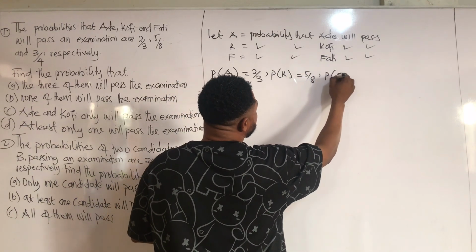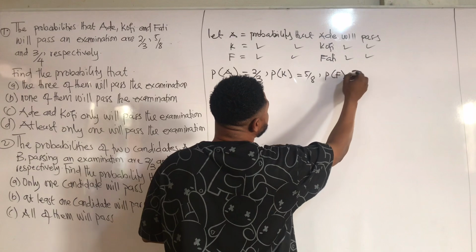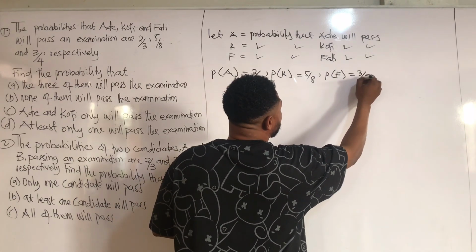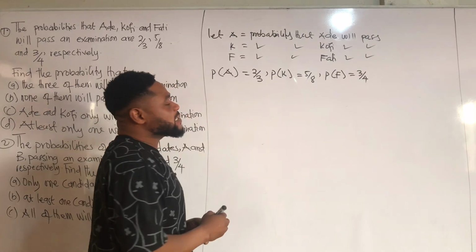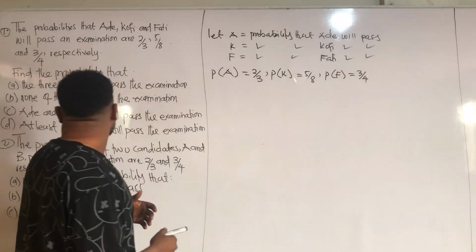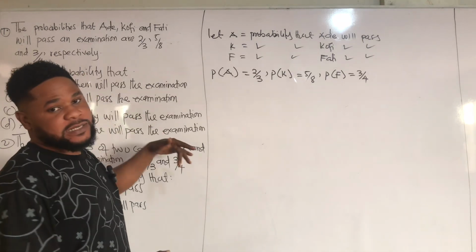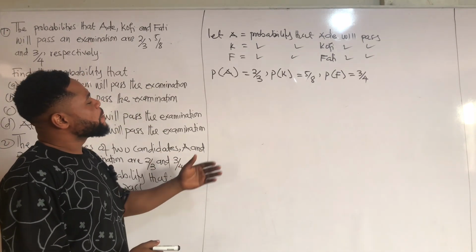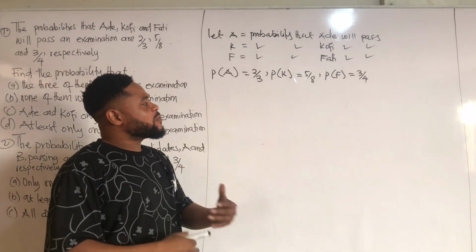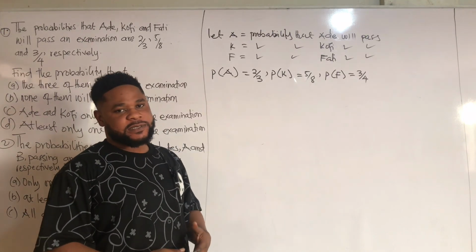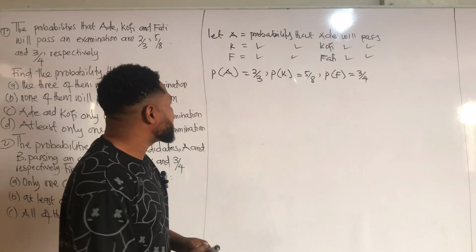And probability that Fatih will also pass is given as 3 over 4. Now, from the question, we are going to look for probability that none of them will pass, which means that we need to calculate the probability that the individual candidate will not pass. All right, so let's see how we can do that.